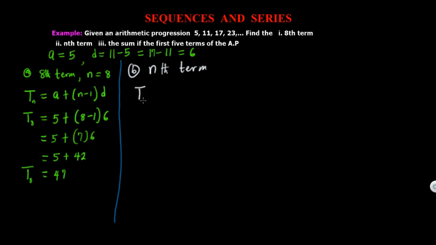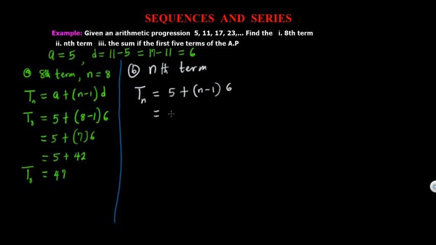So the nth term equals, we already know the first term, which is 5, plus, since we don't know what n could be, n remains n, minus 1, close the bracket, you multiply by the common difference, which is 6.